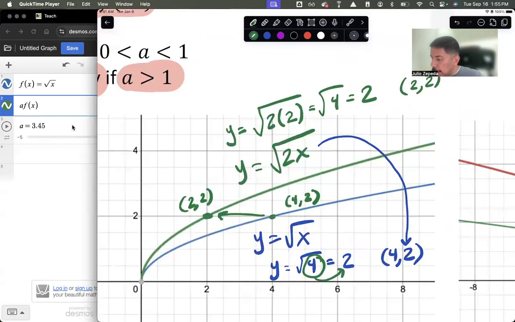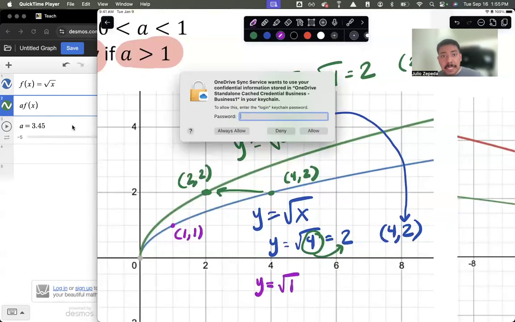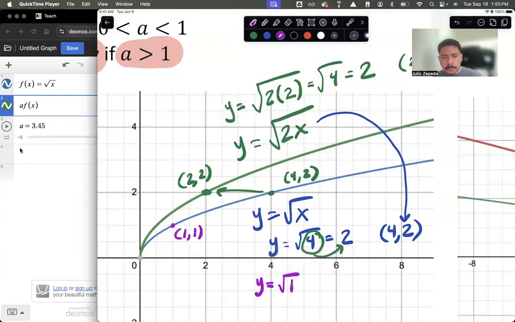All right, so similarly, let's do one more. Let's say here for this point, which was 1, 1 before, the point 1 comma 1. Well, to get 1, 1 for the old function, we had to plug in 1. The square root of 1 is 1. So the input of 1 produced the output of 1.